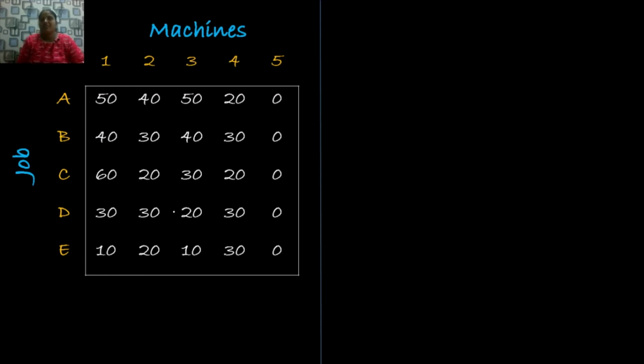So as a first step, let me first check whether each row has at least one 0 element. So here all the rows have at least one 0 element. Likewise we have to check it column wise too. So first, second, third, fourth and fifth column. Among the 5 columns, the first 4 columns don't have any 0 elements, whereas the 5th column has 0 elements.